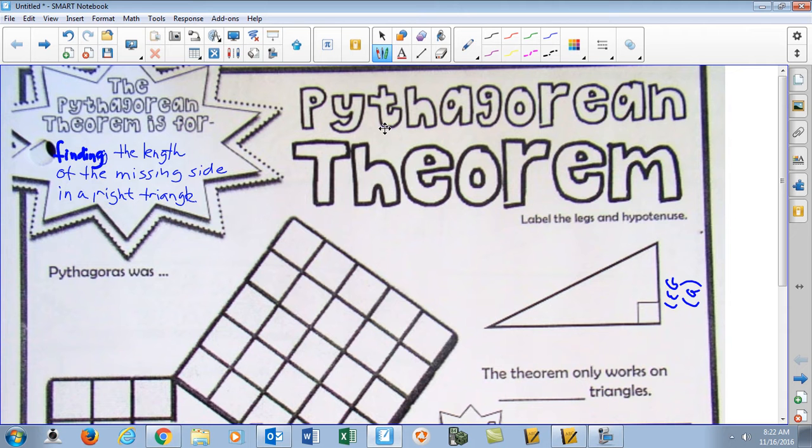So it's right here. This is the other leg. This is the longer leg, which is side B. And then, of course, side C, which is a diagonal, is called the hypotenuse. Side C is always the longest side.